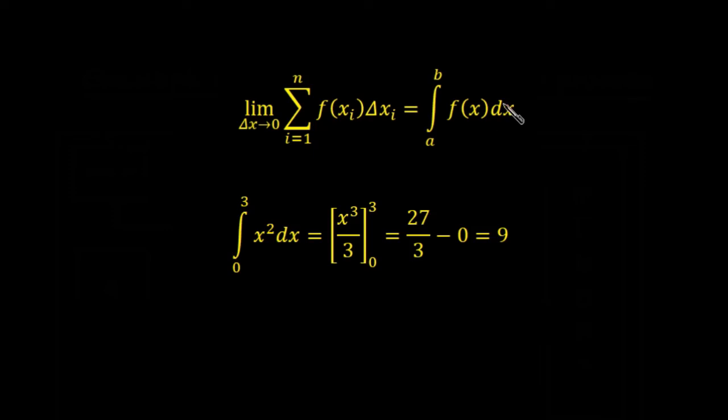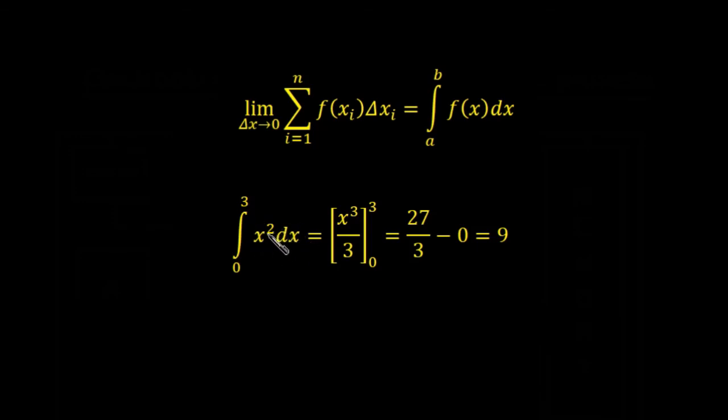So let's go ahead and do one as an example. If we wanted to find the area under our curve, where our curve is x squared, then we would integrate from 0 to 3 of the function x squared dx. Now there's a rule for integrating this, and of course I haven't gone over that rule yet, so I'll just state the rule now and then we can get our answer.